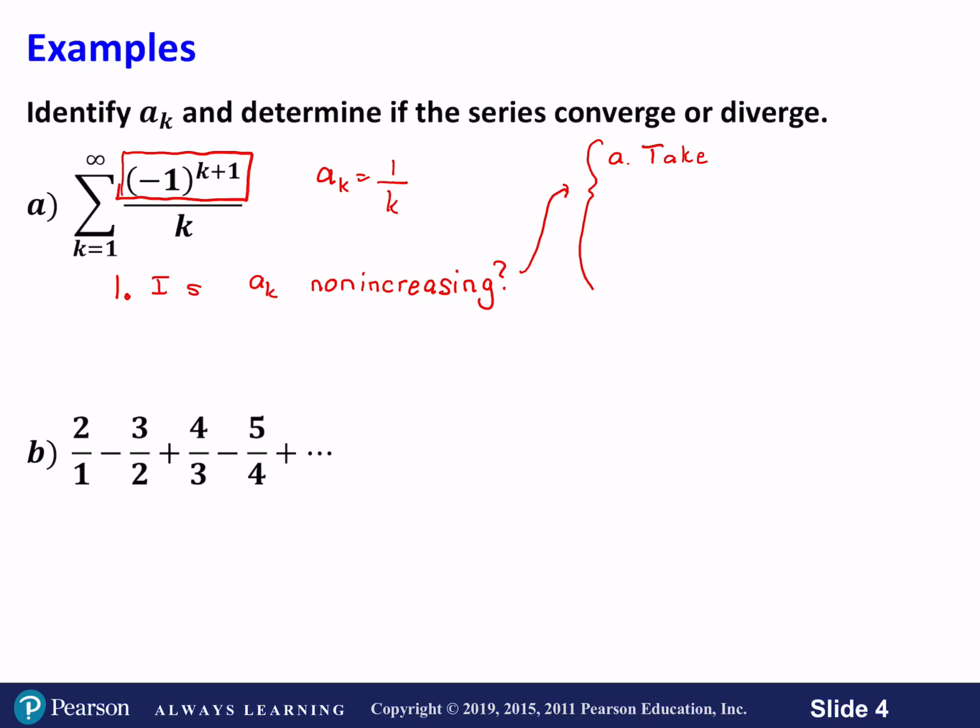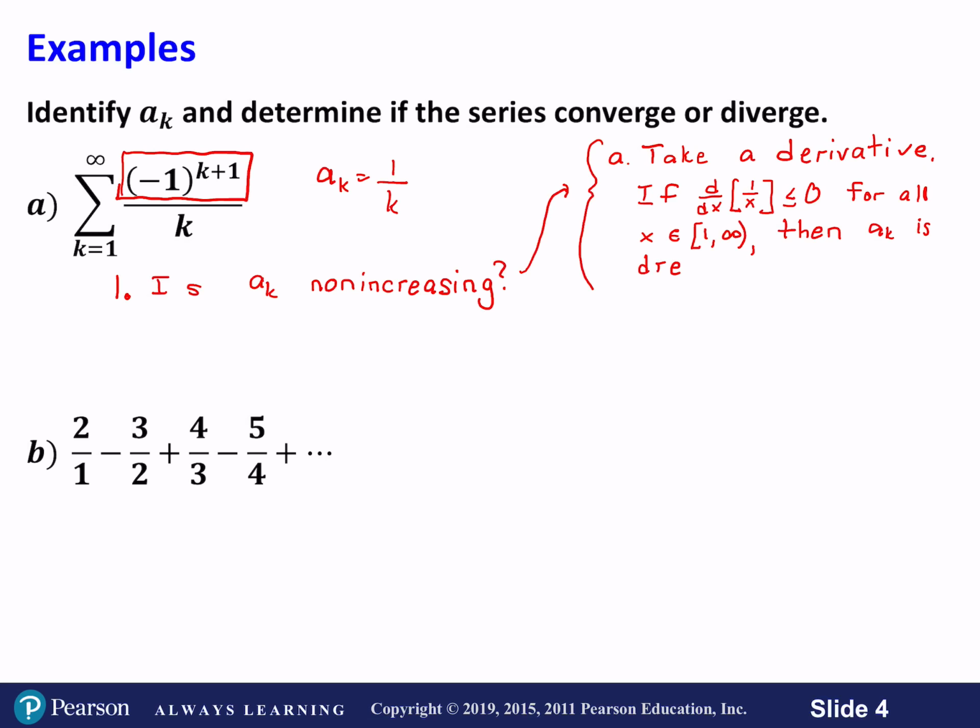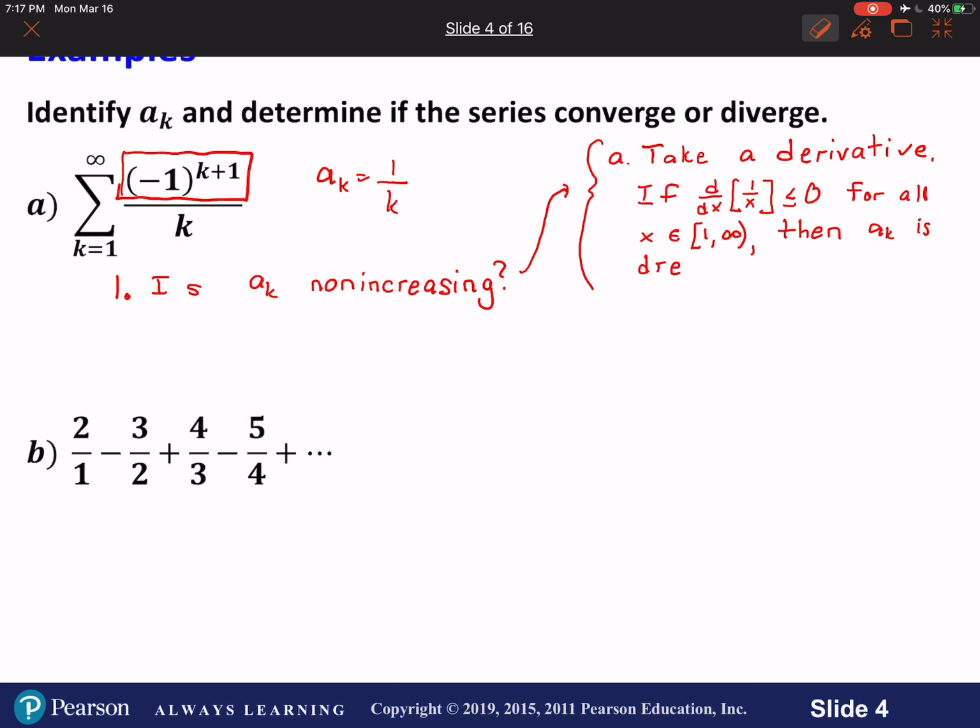So just like we did in the integral test section, if the derivative d/dx of 1/x is less than 0, or we can say less than or equal to 0, for all x within 1 to infinity, then a_k is decreasing.